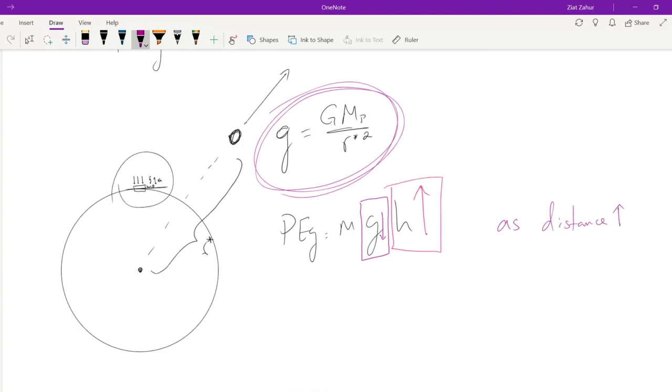As distance goes up, g goes down, h goes up. Okay, so is my gravitational potential energy increasing as I go higher, or is it decreasing because gravity is weaker? Ooh. Chat, what is going on?